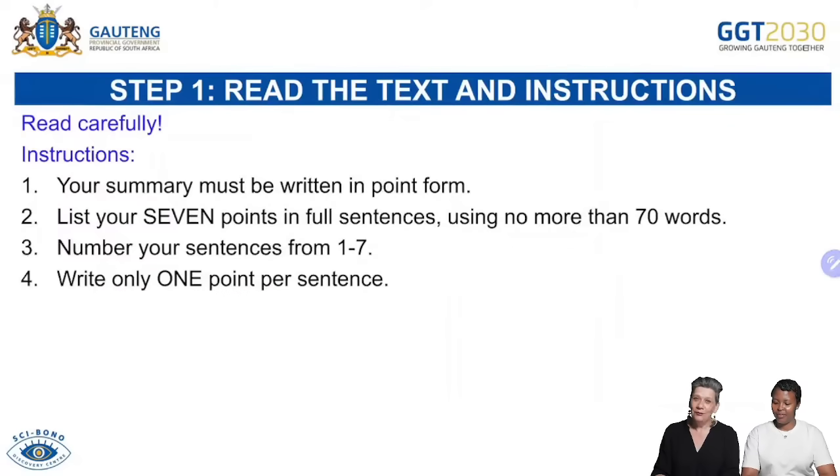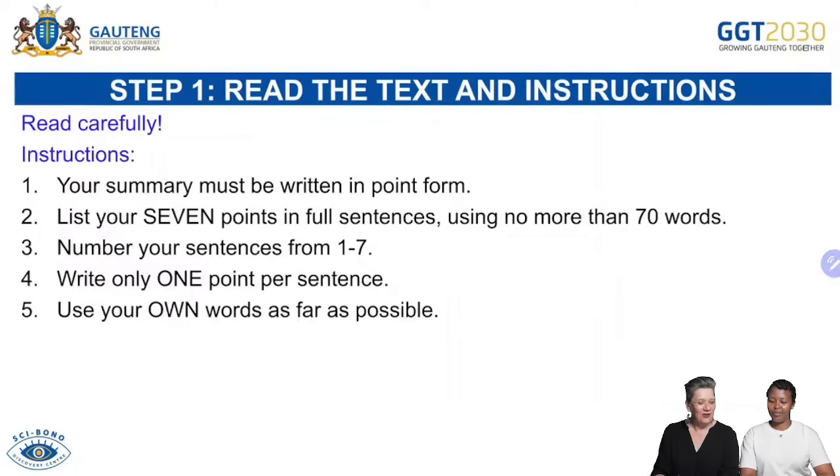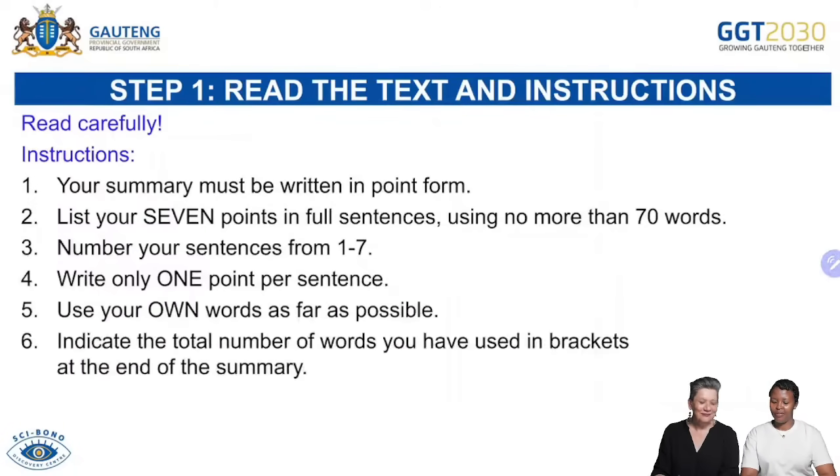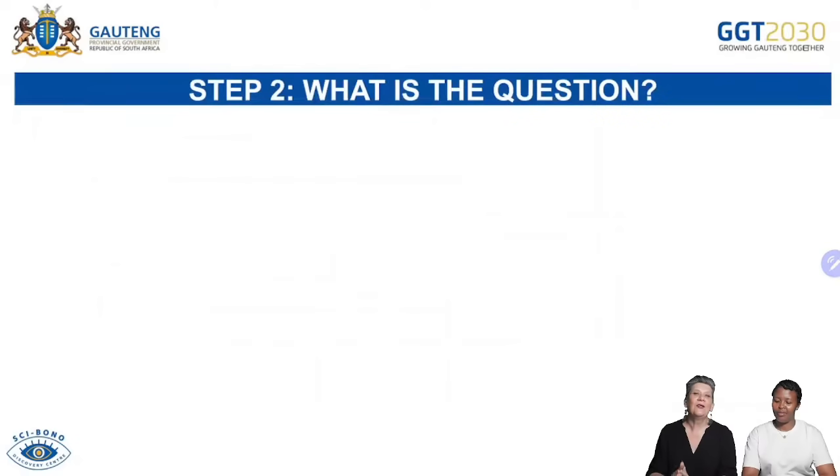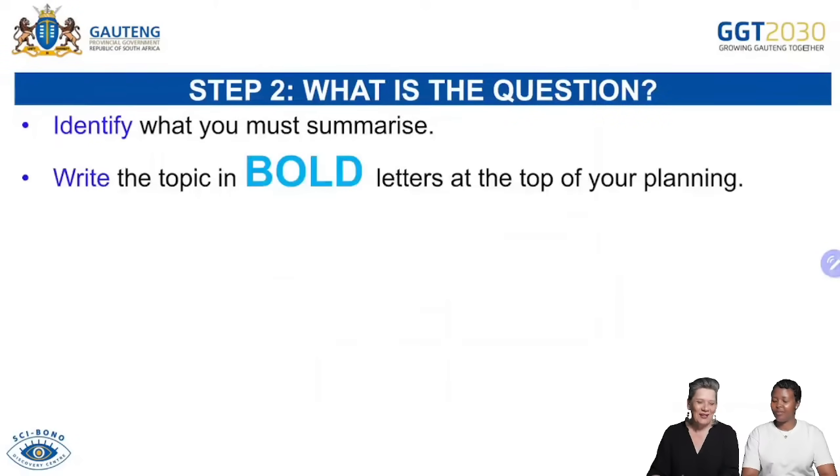And we've said this before, we are going to count. Write 1 point per sentence, only 1 fact will count. Own words as far as possible. And count your words and write it at the end of your summary. So these are the instructions. Please read through them carefully so that you know exactly what is expected of you.